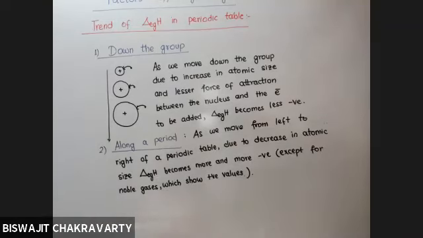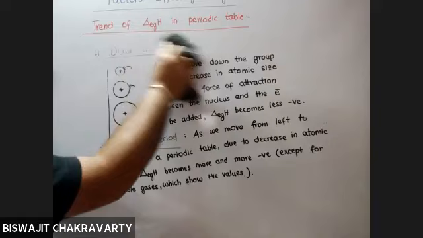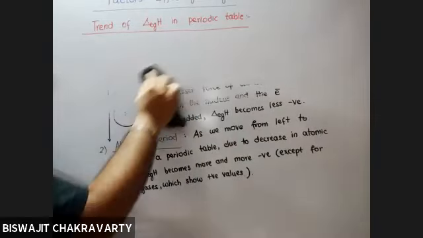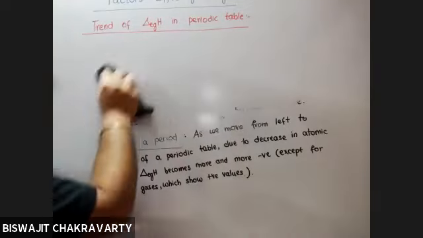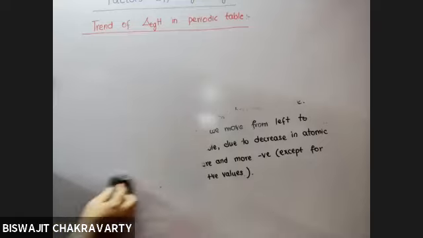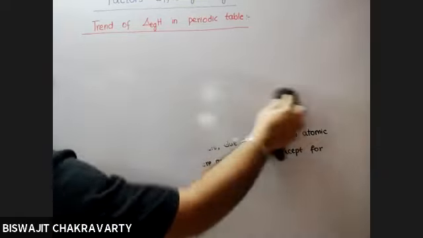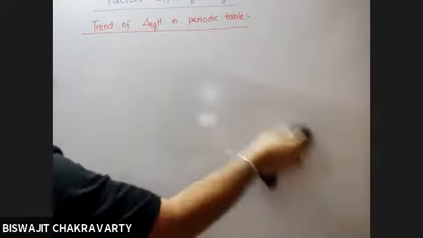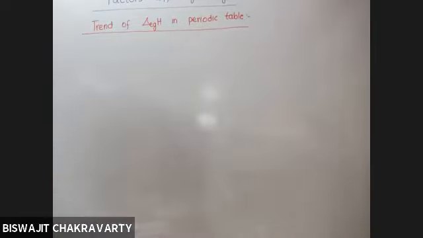Can we move on? Is it done? Yes, sir. But even though we have discussed that down the group in general, delta EGH should become less negative, here also some exception is found.